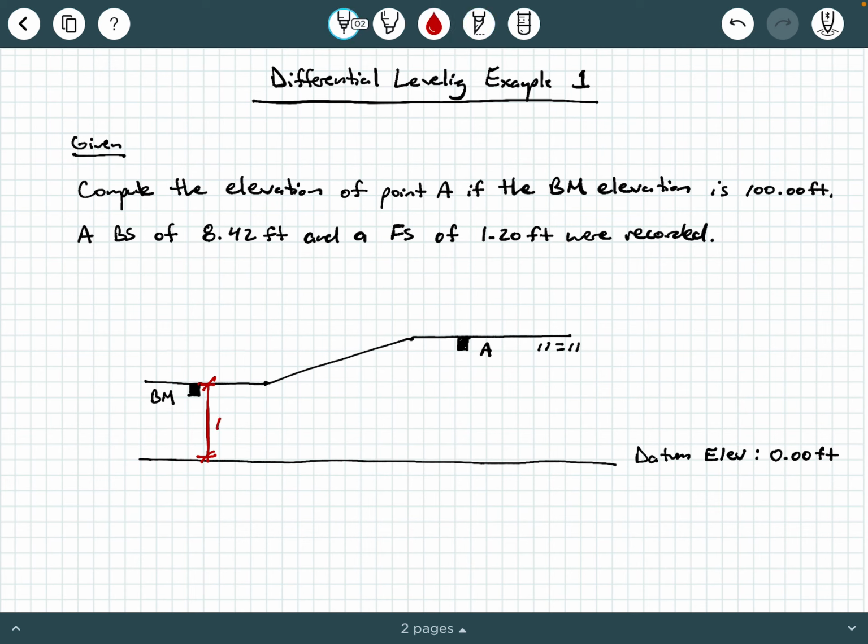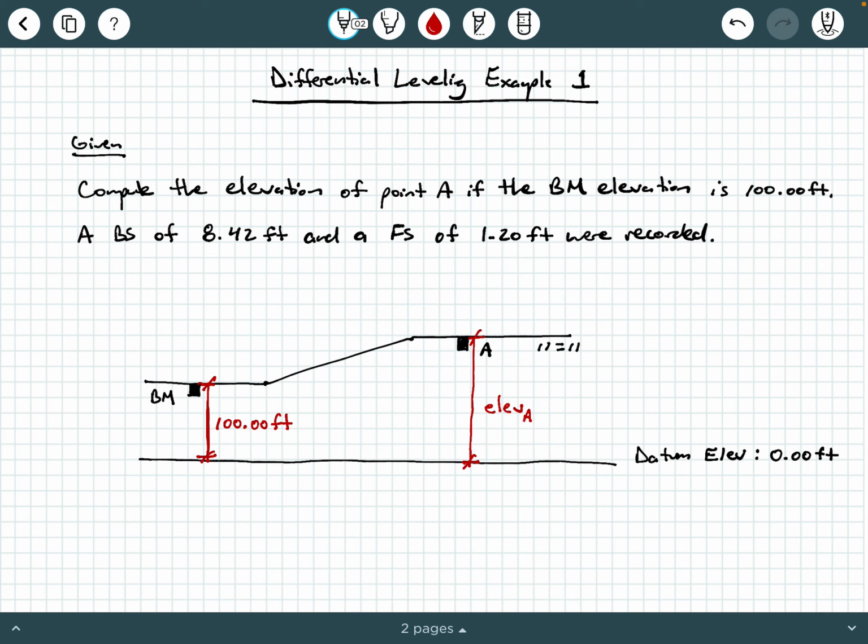So this right here is 100 feet, okay? That 100.00 feet if we want to be more exact by our given information. Now, what we want to find is this elevation right here, and I'm going to call this ELEV sub A.